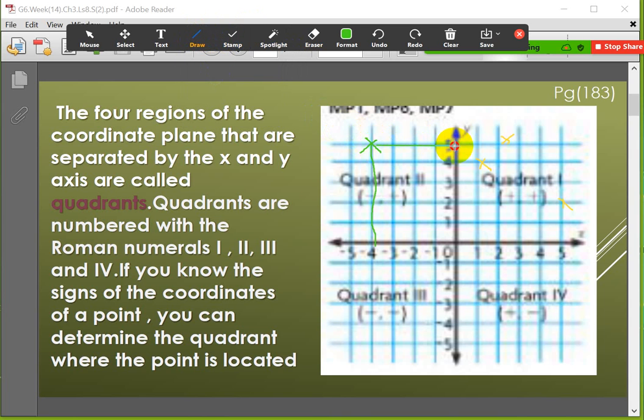So in quadrant 2, all the points have negative x and positive y. If you see any point with negative x and positive y, you know that this point is located in the second quadrant.